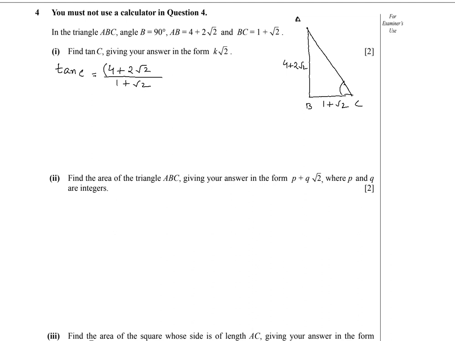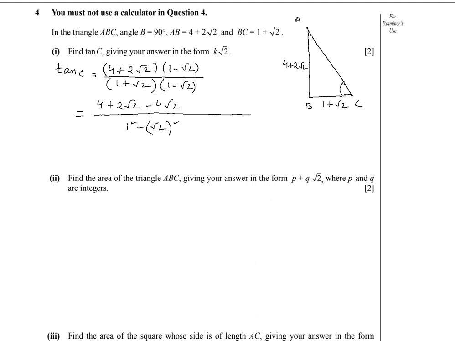Now let's multiply both our numerator and denominator with 1 minus root 2. In the next line, in our denominator we get 1 minus root 2 whole square, 1 square minus root 2 whole square. In our numerator we get 4 plus 2 root 2 minus 4 root 2 minus 4.